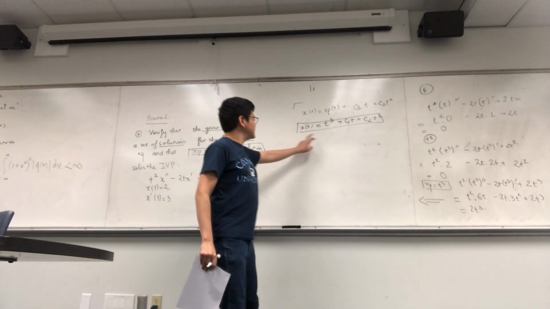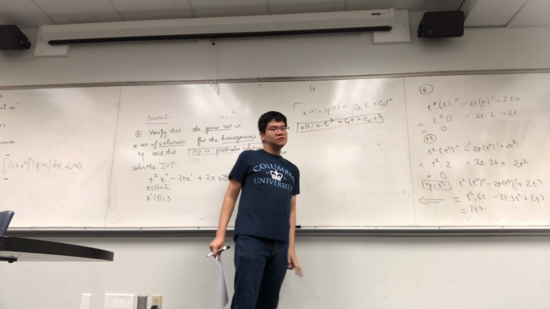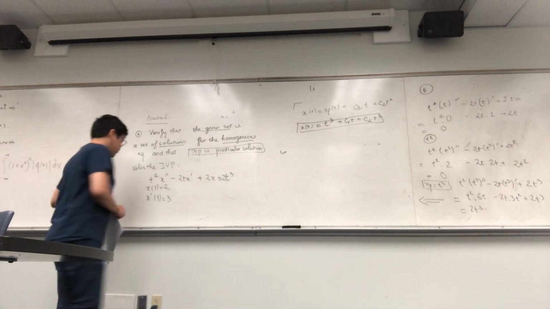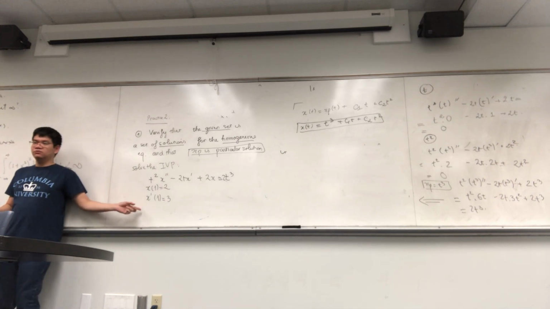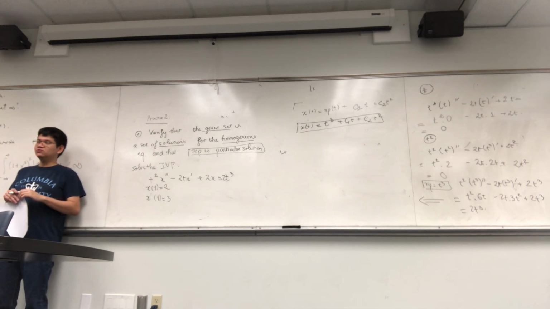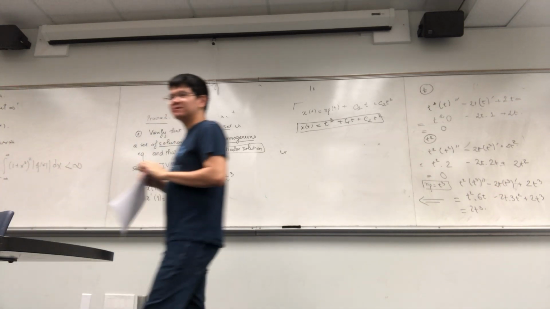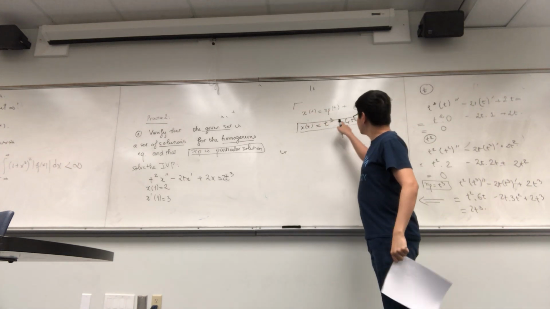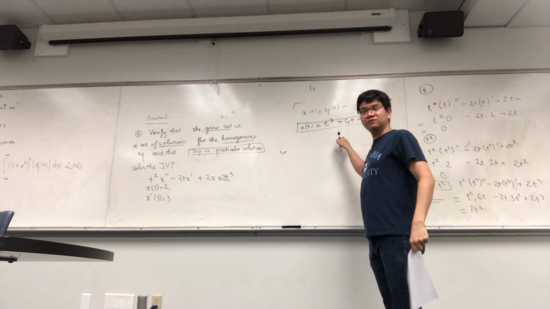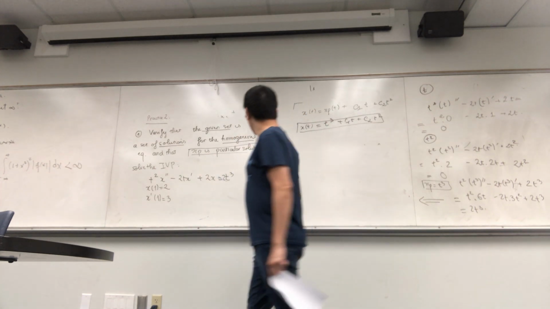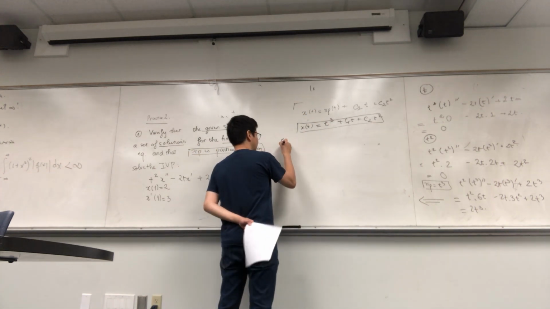Now you have x of t is t cubed plus c1 t plus c2 t squared. The next step is that you have the two initial conditions, right? Now what should we do? Solve for the constants by plugging in the numbers that you have. So the next step is to solve for the two constants c1 and c2 using those initial conditions.